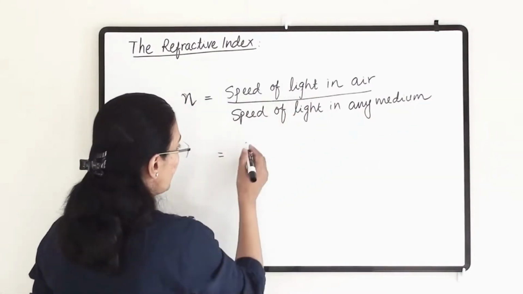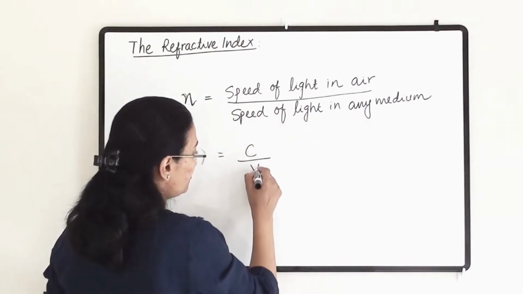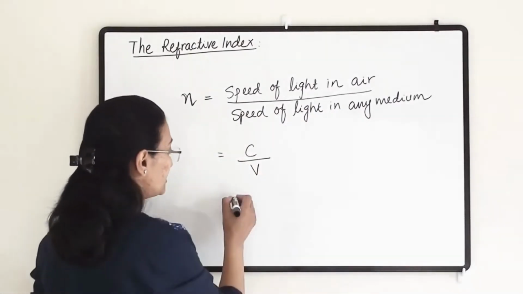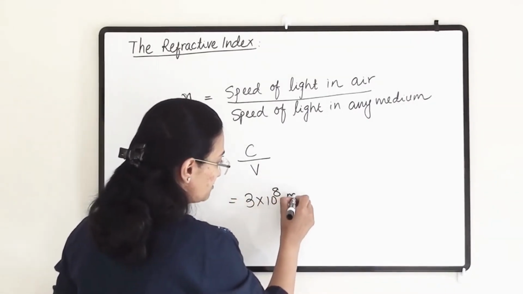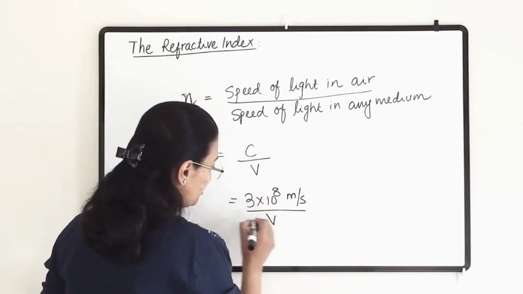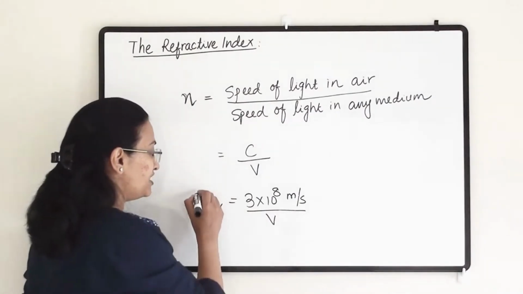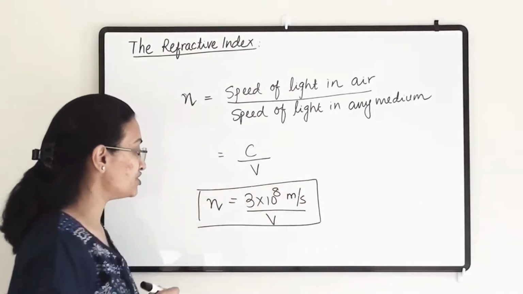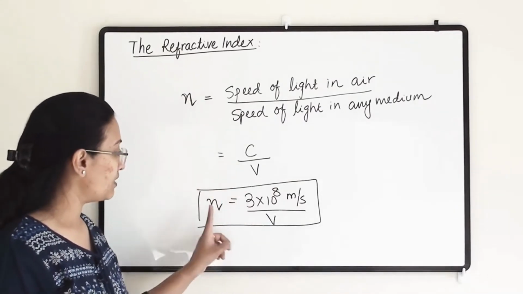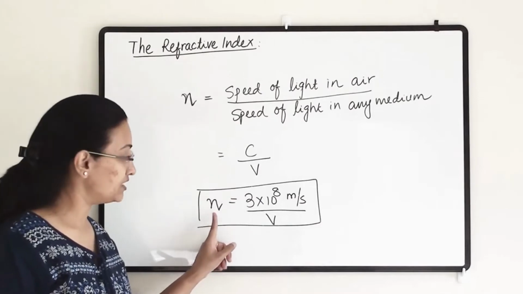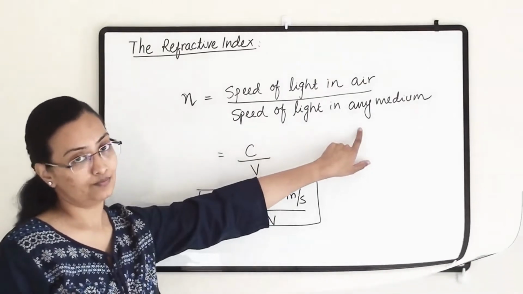The speed of light in air is c, whereas the speed of light in the medium we consider as v. We know that the speed of light in air is 3 into 10 raised to 8 meters per second, divided by v, and that gives the refractive index. Based on this formula we are going to solve many problems in which one of the quantities will be given to you. So we can find either the refractive index of the medium or the speed of light in that particular medium.